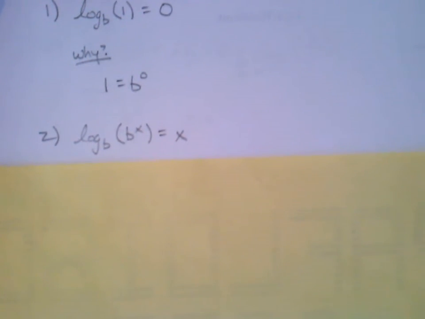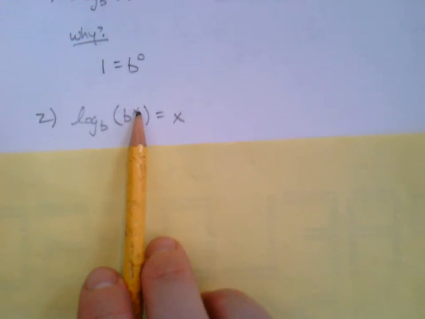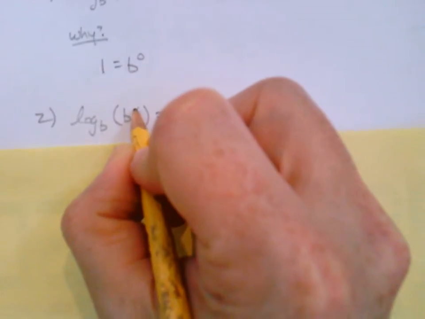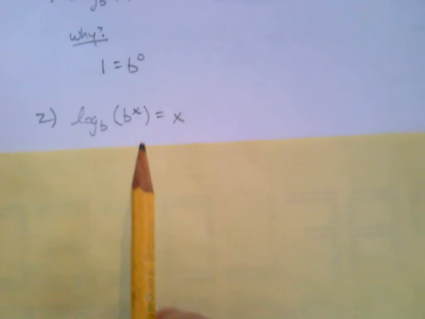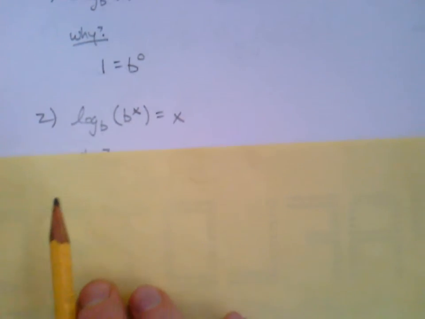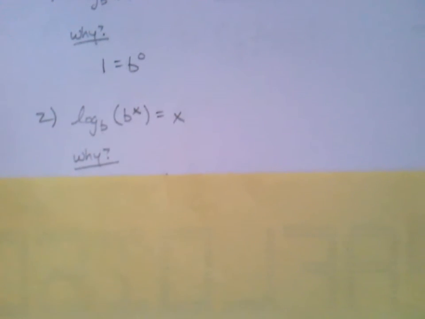Okay, rule number 2. This is kind of an interesting one. The log of b to the x with base b equals x. Why is that? Well, this one, the reasoning, it's like it's so simple it can be confusing.